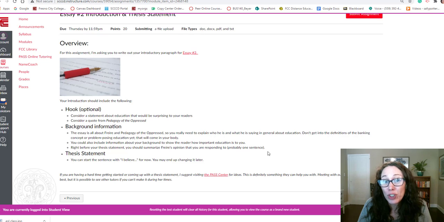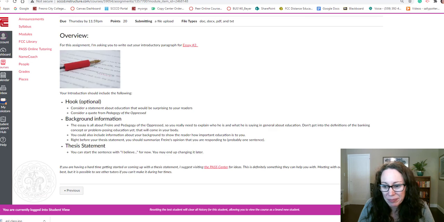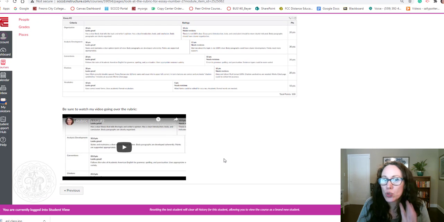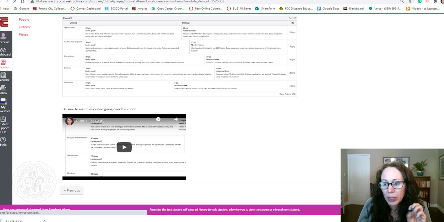If you get this turned in early, I'll be looking at the grade book and trying to keep up with grading. I know I'm behind in grading, but I will make an effort to keep up in grading for this particular one, so that I give you some feedback on it and you have a better idea of what to put in your first draft when you do turn that in. Okay, and then I'm just going through the rubric on this one. It's almost the same. The points are just a little bit off from our last rubric.